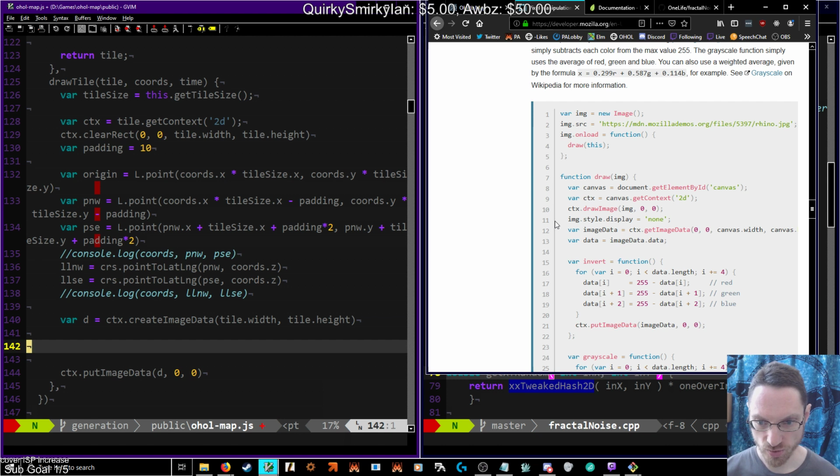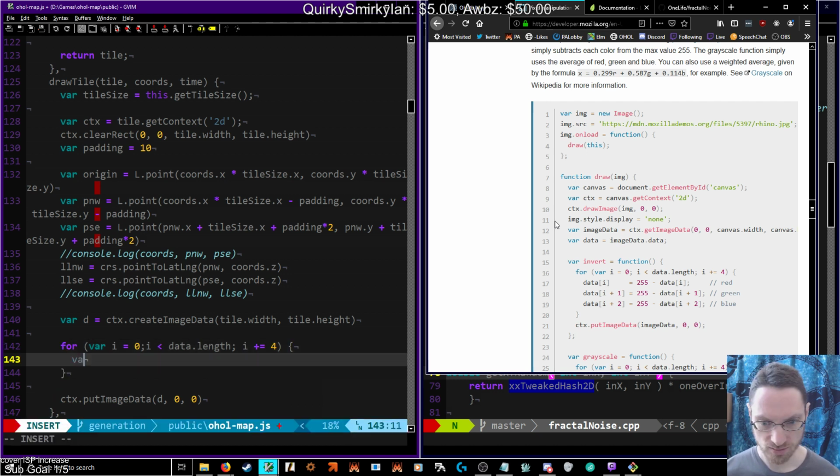So datas have a length. And we can go pixel by pixel by going by 4s. Data, and it is actual integer.